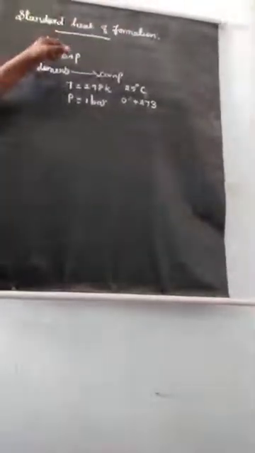If you add 273, you get the answer 298 Kelvin. So listen to the definition: standard heat of formation means the change in enthalpy that takes place when 1 mole of compound is formed from its elements present in their standard states, temperature 298 Kelvin and pressure 1 bar.